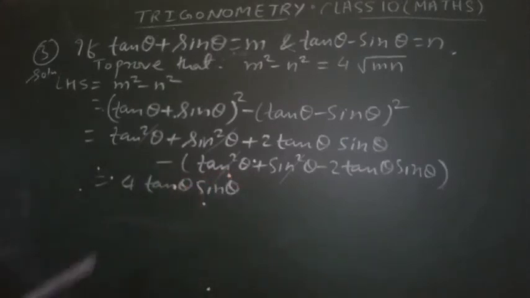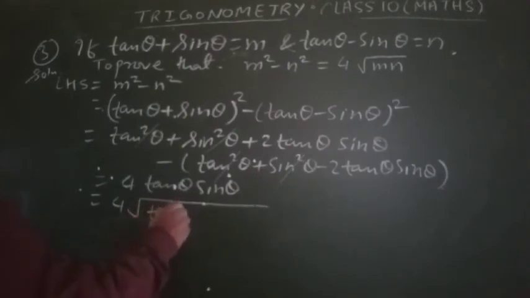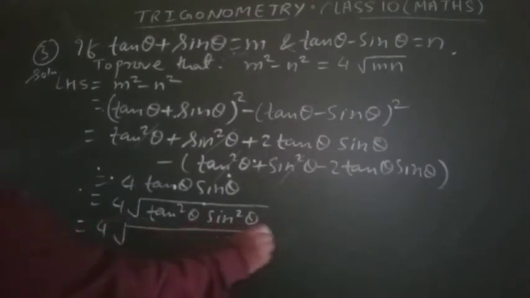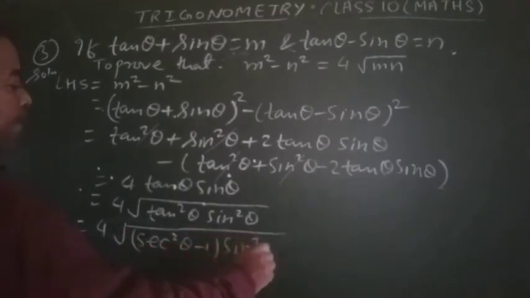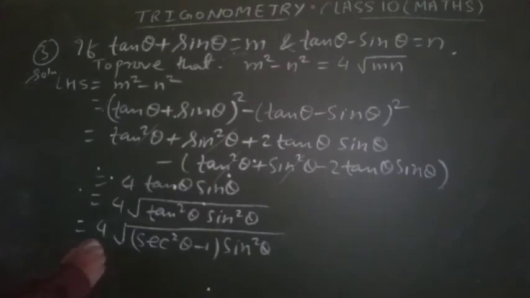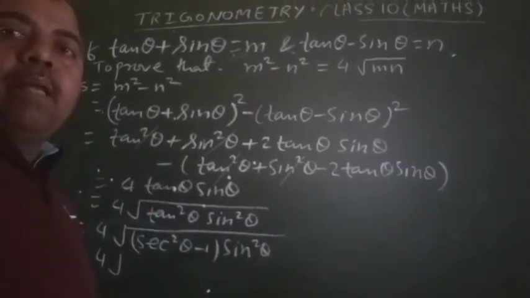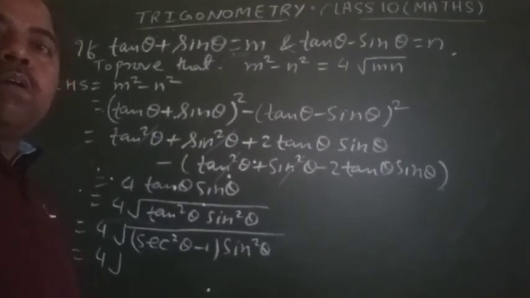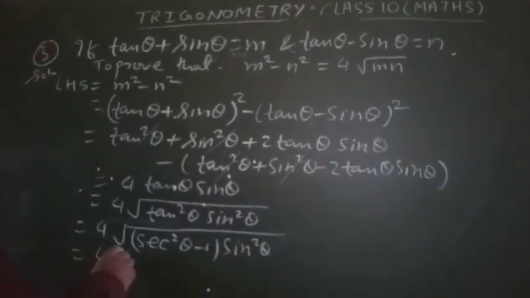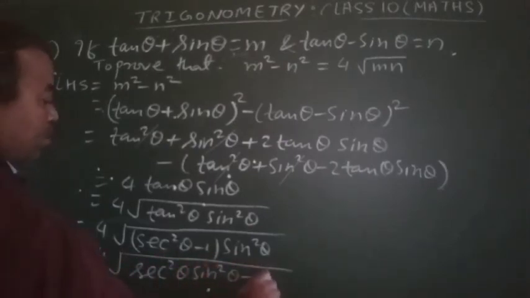We can write 4 tan sin as 4 under root tan^2 sin^2. Yes, we can write here 4 under root (sec^2 theta minus 1) sin^2. Now multiply: 4 under root sec^2 theta sin^2 minus sin^2.